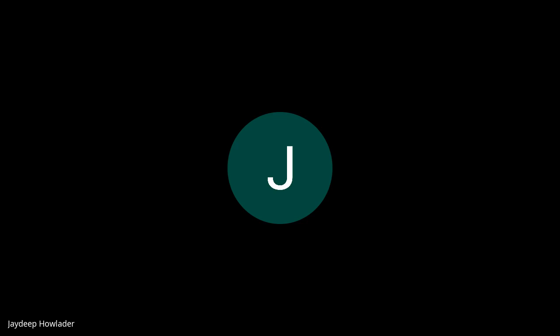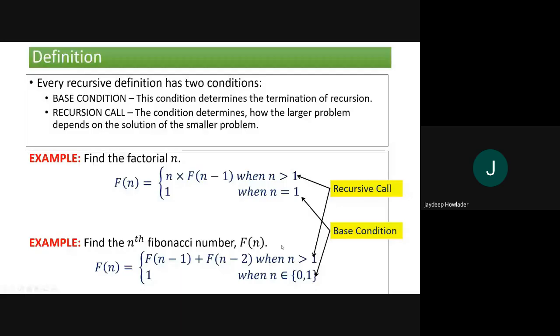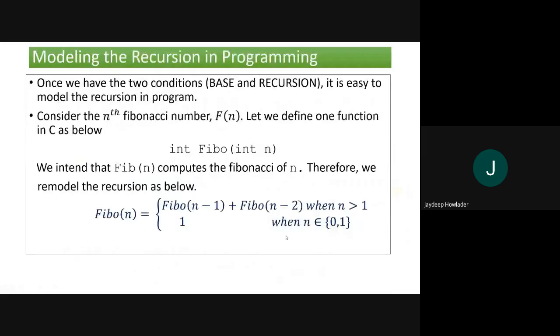So in such a way that the problem can be solved by the solutions of the same problem with a lesser parameter, or a smaller parameter. So if I can design a problem in this philosophy, then this is called a recursive function, and C will help you to design this function.